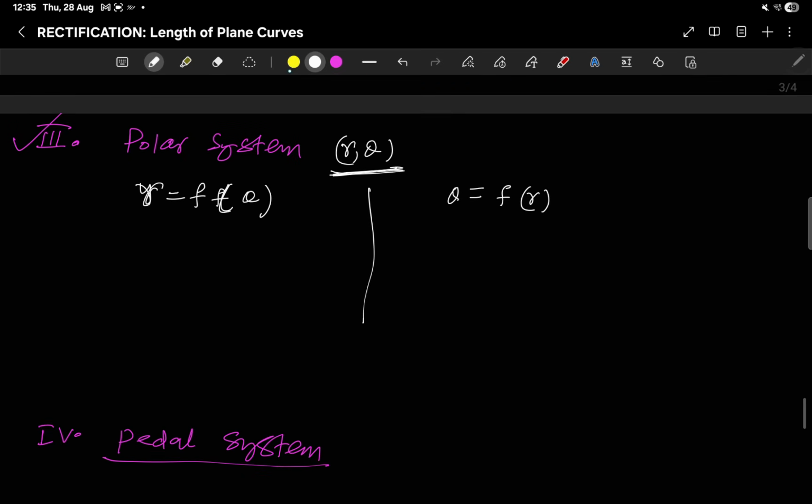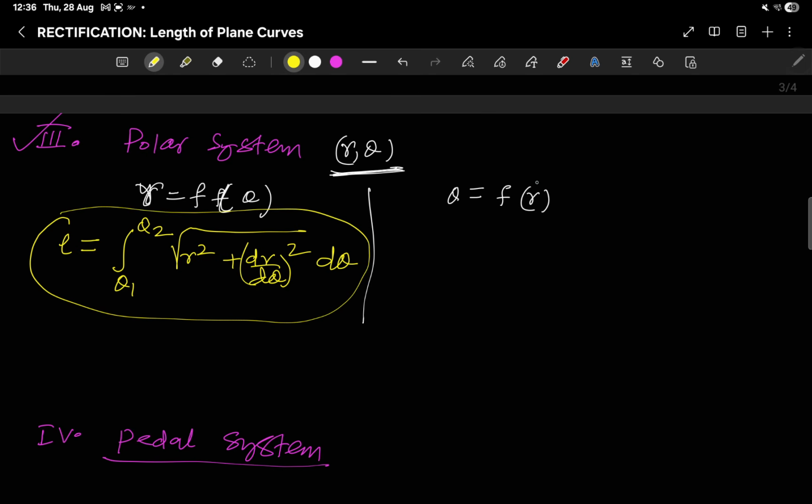So here what is the formula? The length of the arc here is given by the integral from some angle theta 1 to theta 2 of square root of r square plus dr by d theta whole square, d theta. So theta is the variable here.